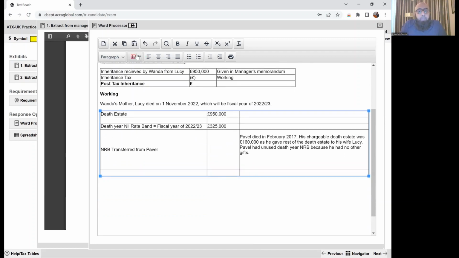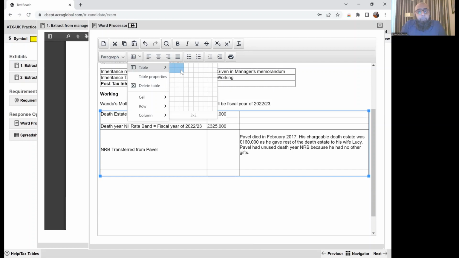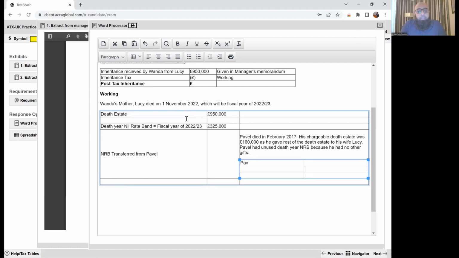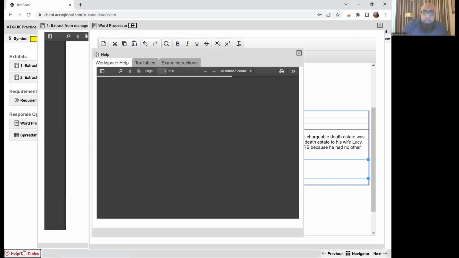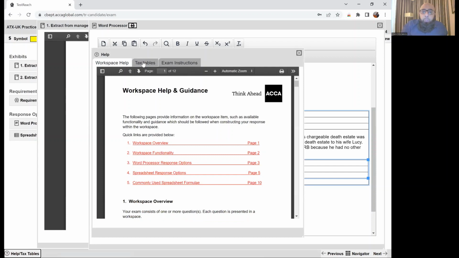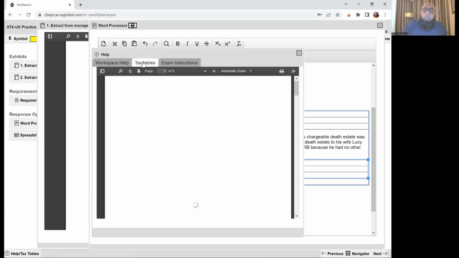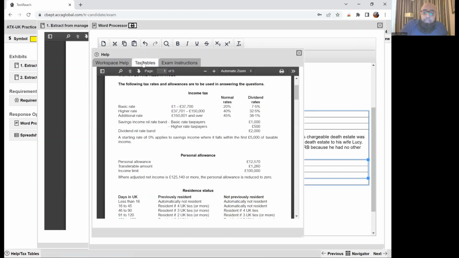Now let's make a table. Pavel's death year NRB. Now, if you look at the tax tables given below here, you can find the nil rate bands.